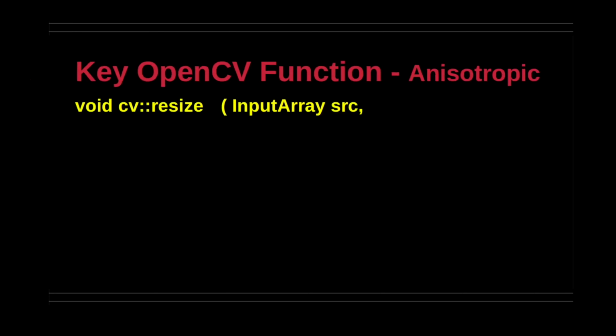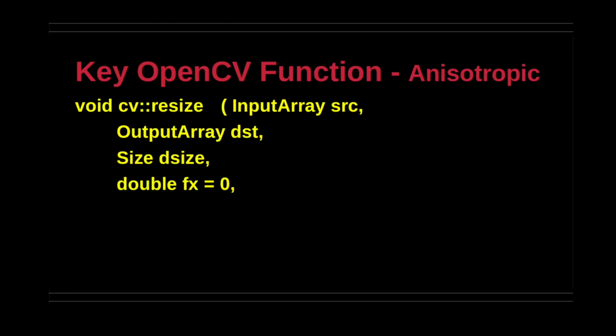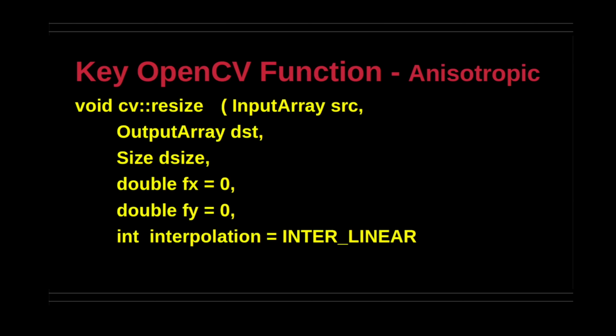The key function in OpenCV to perform scaling is resize. Anisotropic scaling is performed by using different values for fx and fy. Naturally, with different values for fx and fy, the aspect ratio of the image will change. This scaling will distort the resulting image.